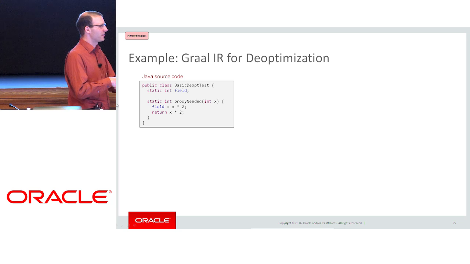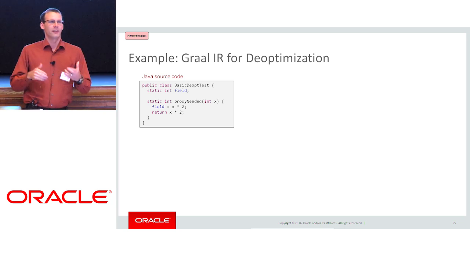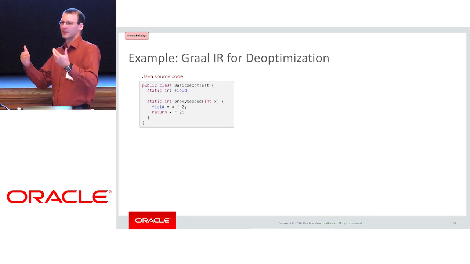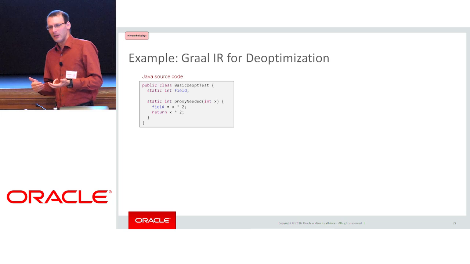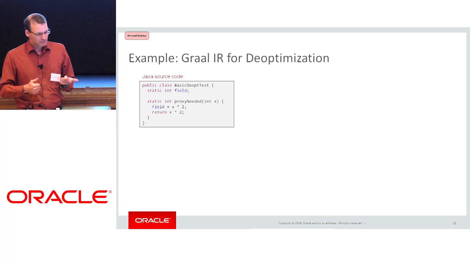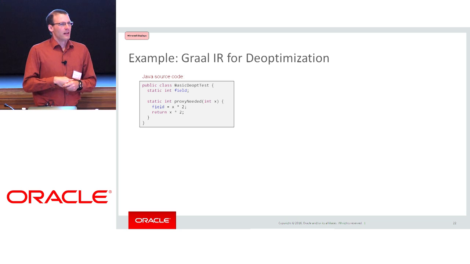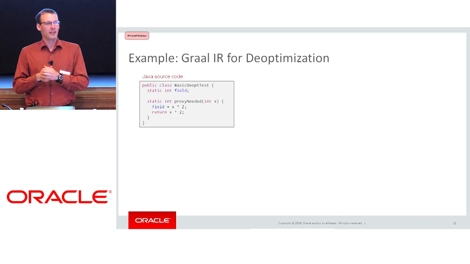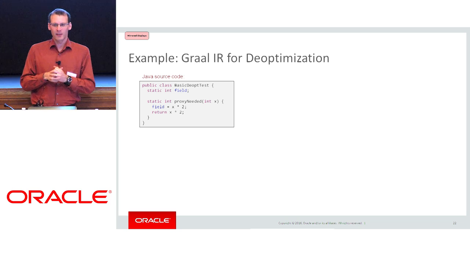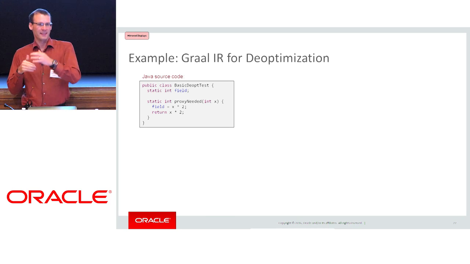The way Graal works is that every instruction that actually changes some memory state might be a de-optimization entry point. Because the rationale is that as long as you're executing code that has no side effect on the memory, you don't really need to de-optimize exactly at a place in there.